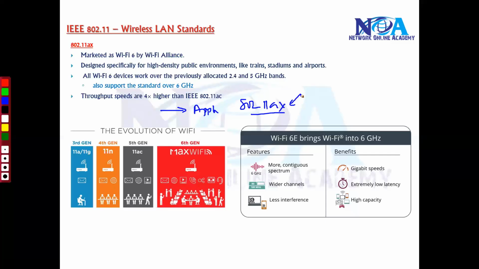Even Cisco, Juniper, Huawei, these access point vendors, whatever new products they have released after 2019 or in 2020, they do support this 802.11ax standard. So this is the standard mostly supported by the new devices.